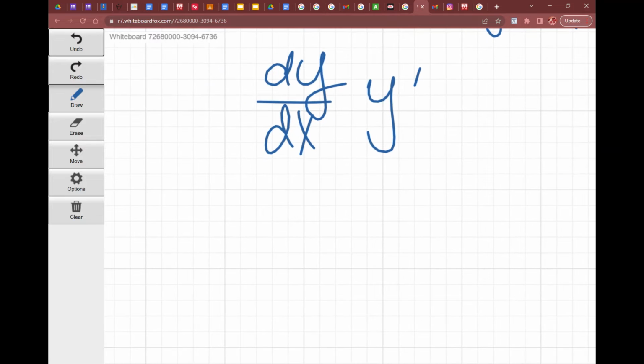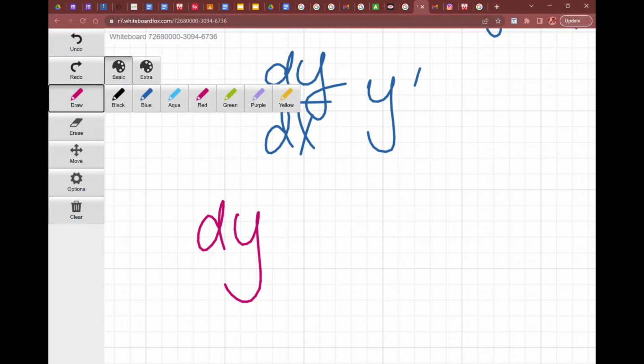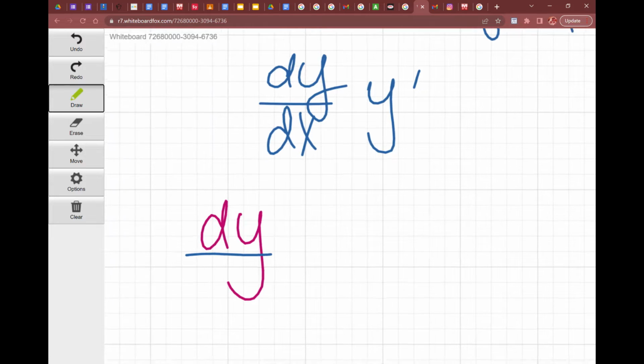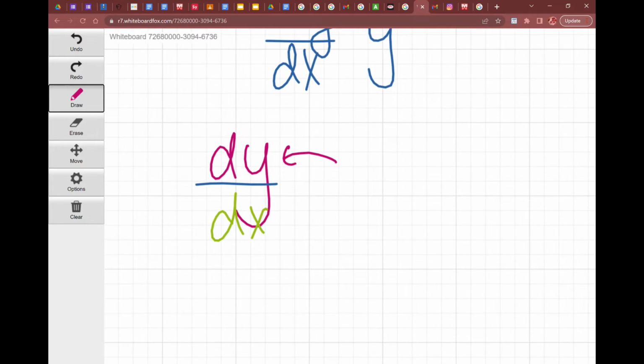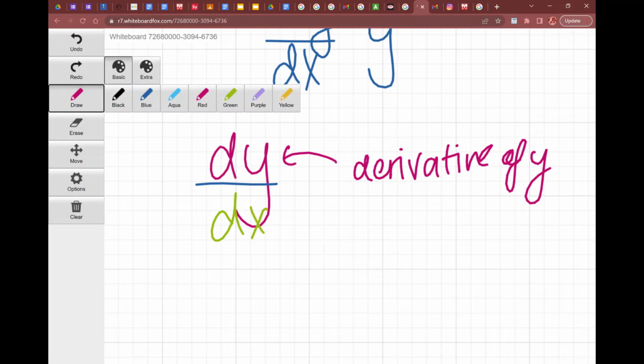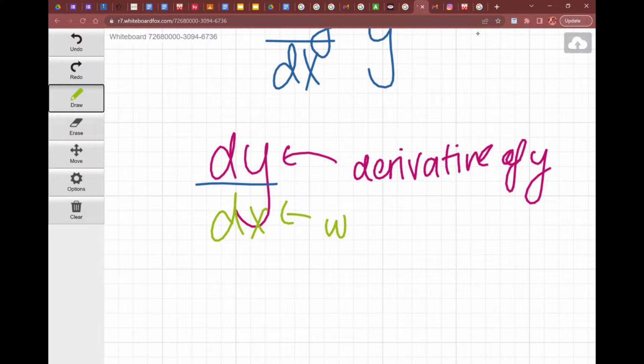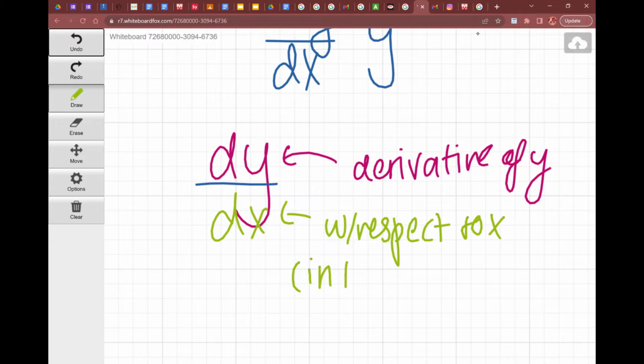And essentially what this means is the derivative of y with respect to x. You can also say this is in terms of x. Think of it like that. Does this notation make sense to you? Yes.